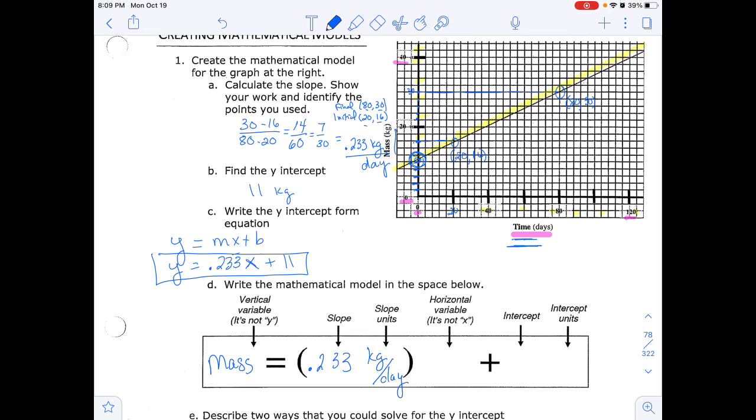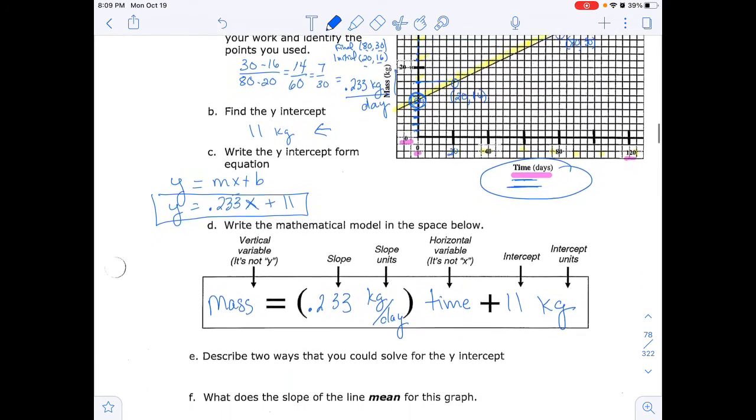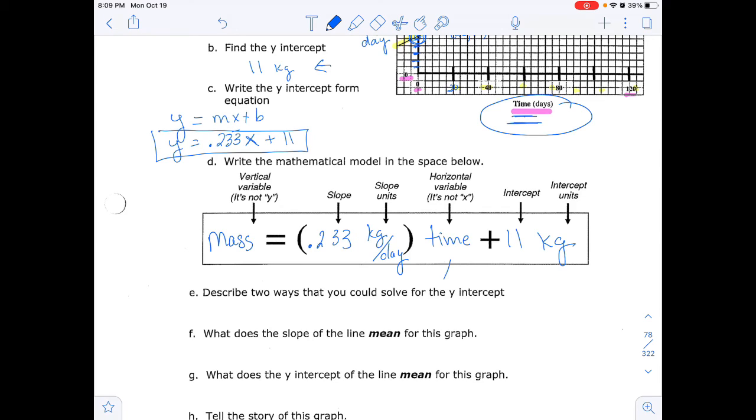Instead of the letter x, I look here on this axis. It should be time. And then the intercept I have found already here at b to be 11 kilograms. So that gives me an equation. If I plug in a time or a mass, I'll be able to solve for the other one.